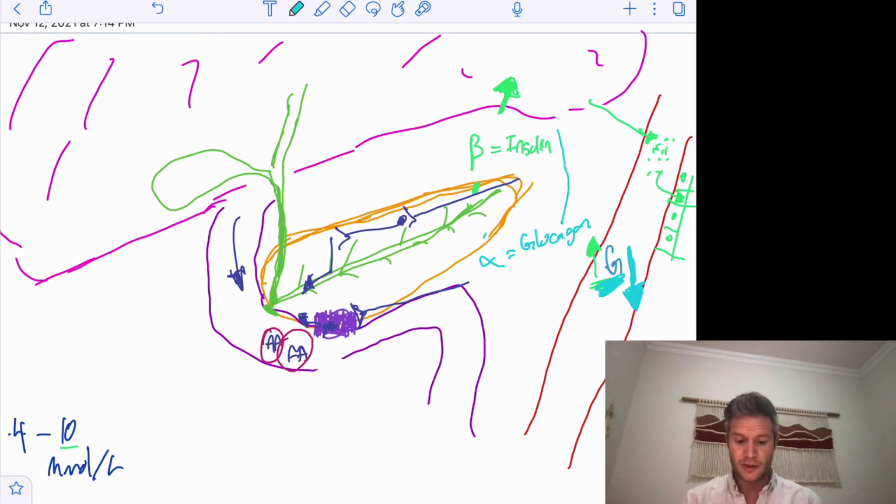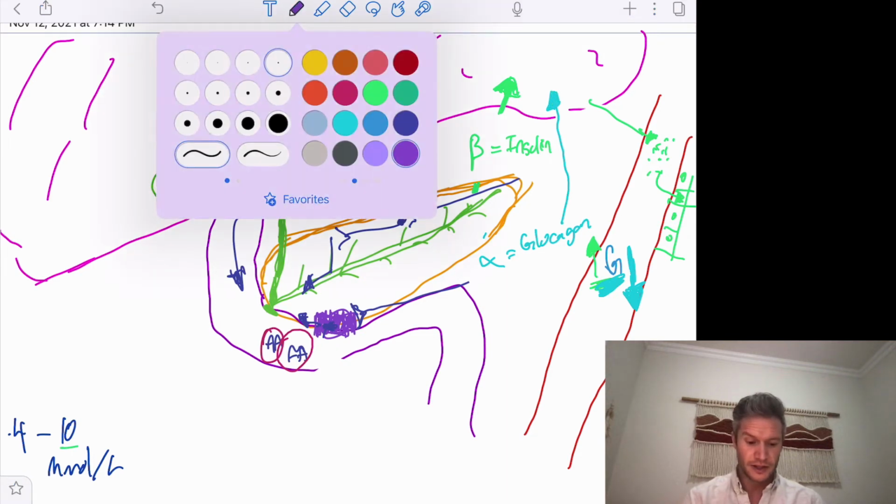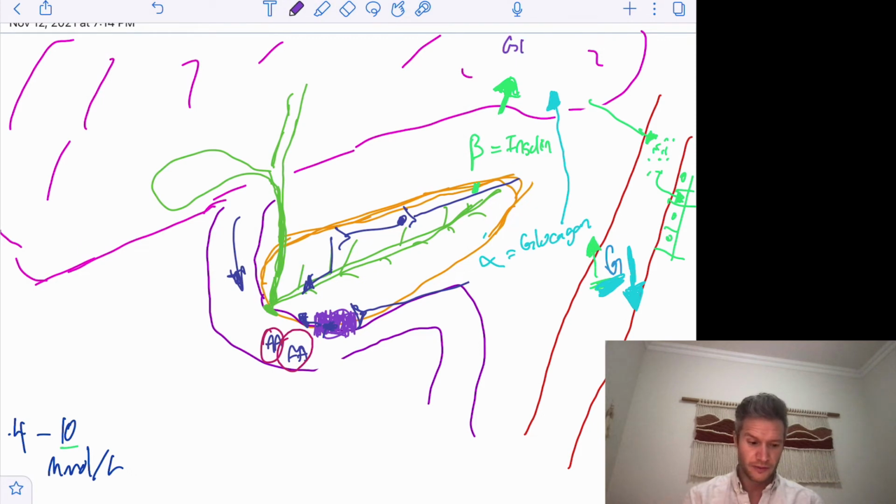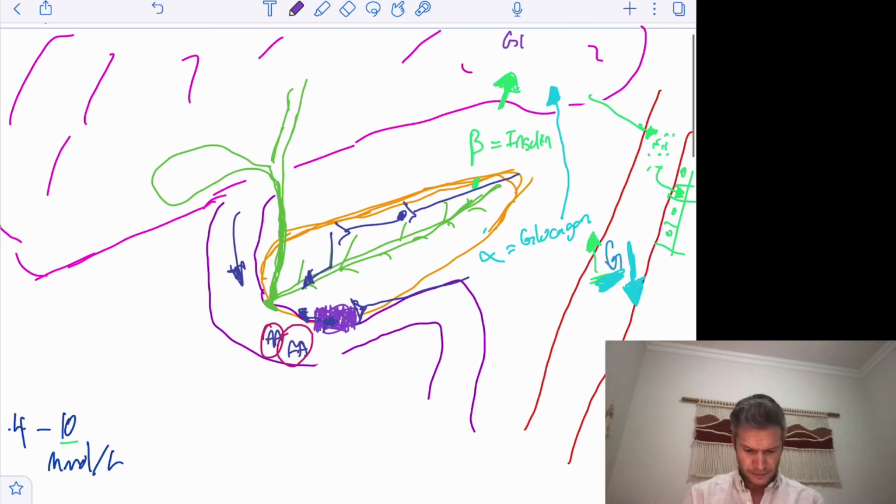Common theme here, where stored sugar lives, as glycogen. You probably recognize that from other classes. Glycogen is stored glucose.